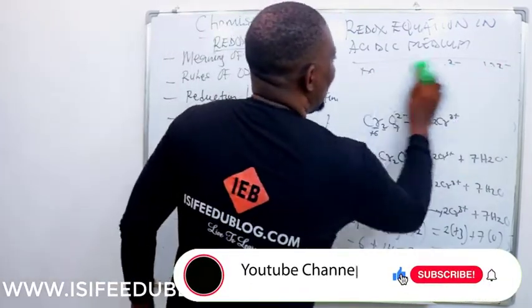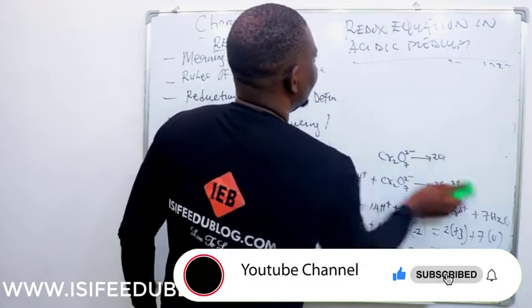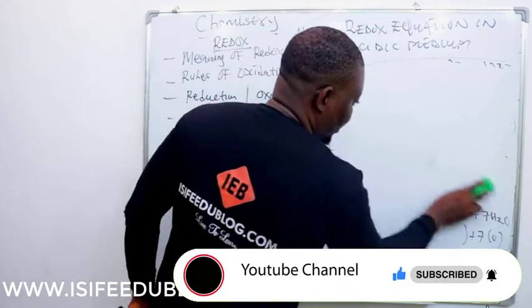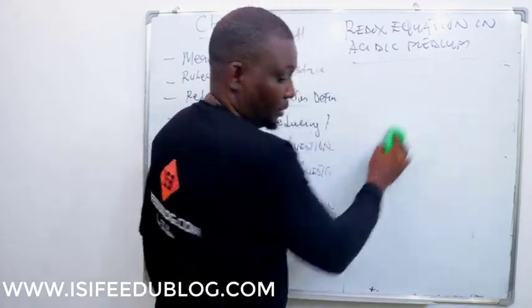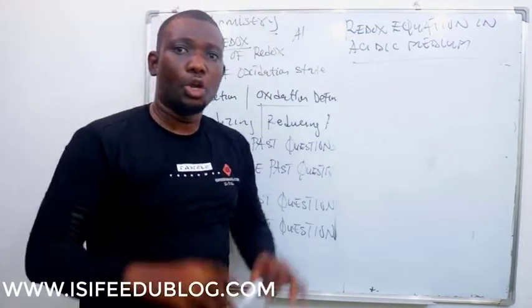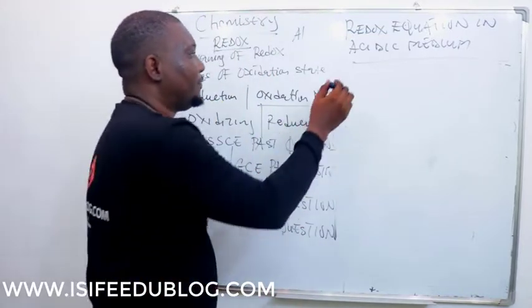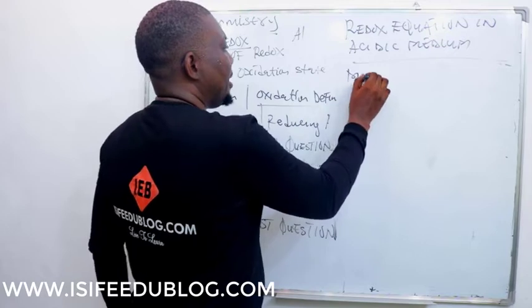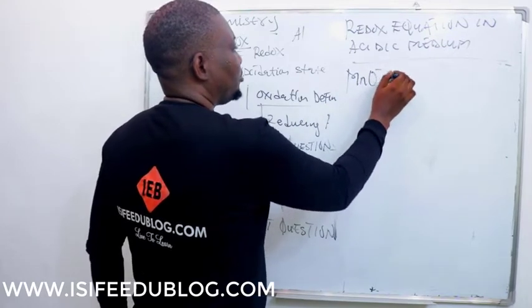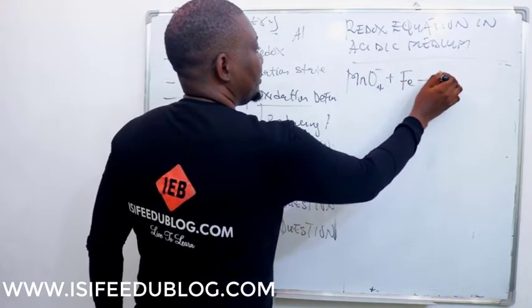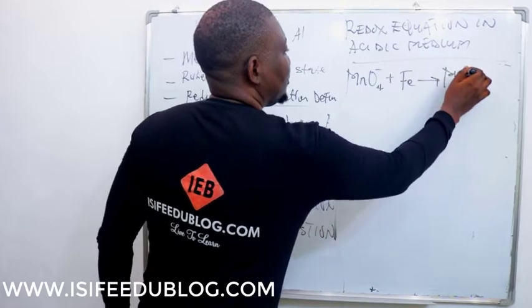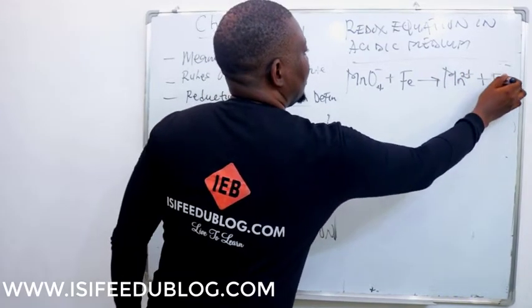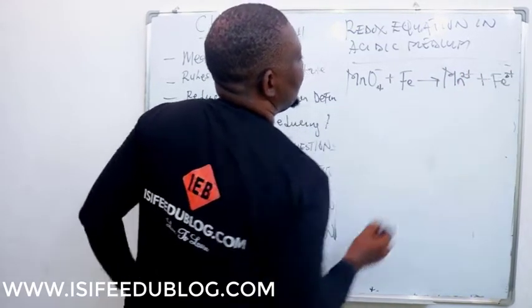Okay, we'll look at 1 or 2 examples on redox reactions involving reduction and oxidation. Supposing we have MnO4 minus, it reduces to this one, and this one oxidizes to this.